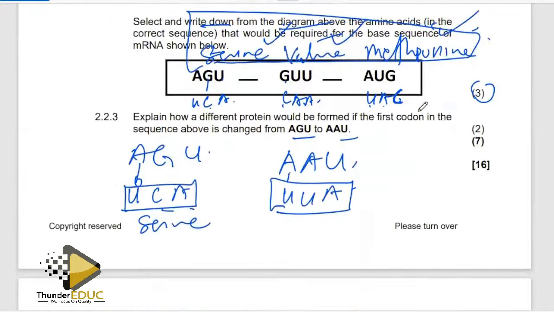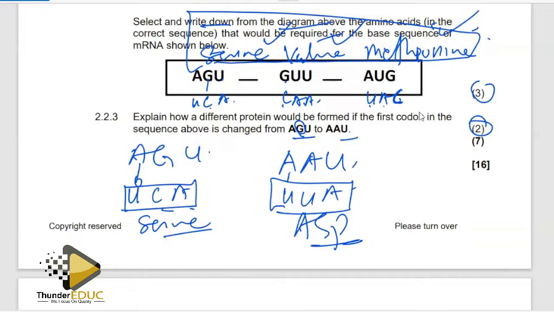Yes, it's asparagine. So this is the answer, and when you are writing, you're going to explain that. What changed here? I think it's the second base. Since these are 2 marks, I think they will mark this, but in most cases you explain it like this.